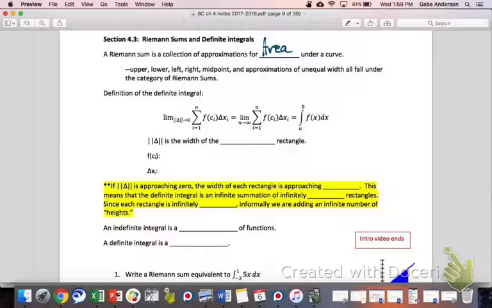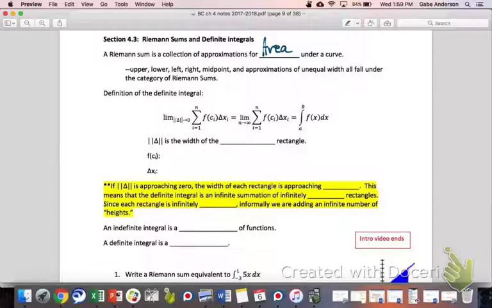And the upper, lower, left, right, midpoint, trapezoid approximations, all of these approximations are going to be referred to as Riemann sums. So you see that on tests and quizzes, the AP test, whatever, Riemann sum. It kind of lumps all those together as just one kind of thing.